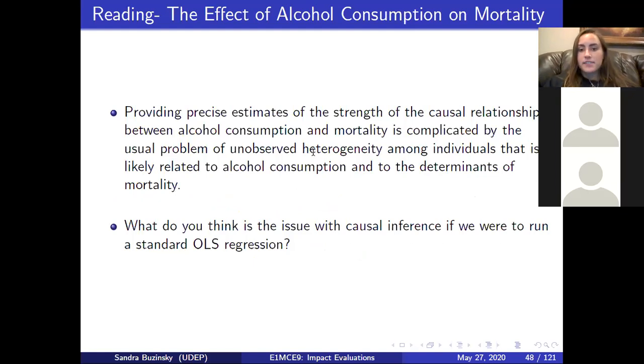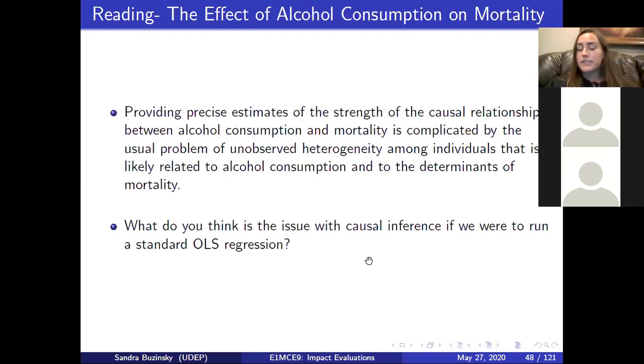Providing precise estimates of the strength of this causal relationship between alcohol consumption and mortality is actually really complicated. That's because we have unobserved heterogeneity among individuals, which is likely related to alcohol consumption and also determines mortality. So what do you think is the issue with causal inference?